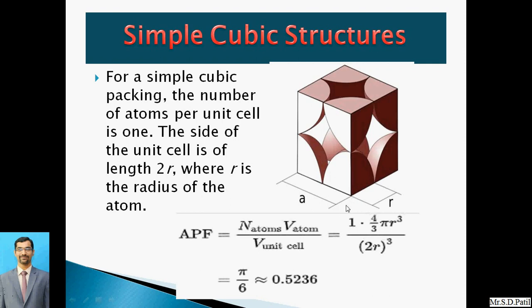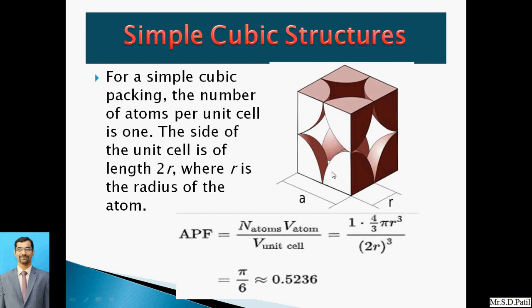How is it calculated? When we connect all those atoms, we form the unit cell. So here the volume of the unit cell is nothing but a into a into a, because this is a cubic structure, so length into breadth into height, all sides having length a, so a cube.